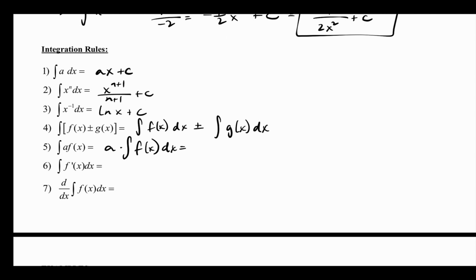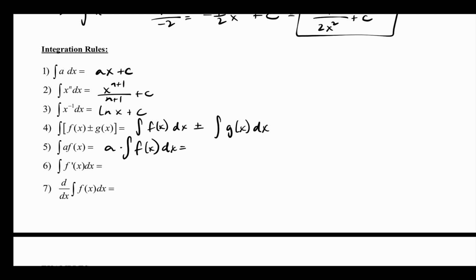So like if you're finding the antiderivative of 5x, just move the 5 to the front. Done. Or you can leave it in there too, it doesn't matter.